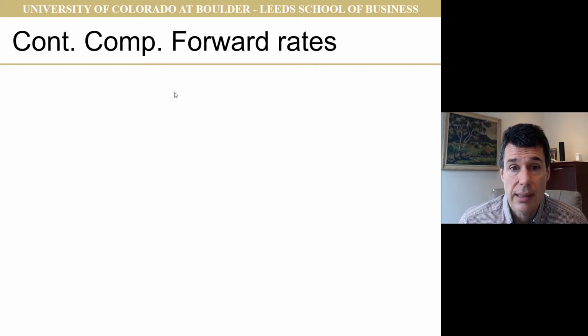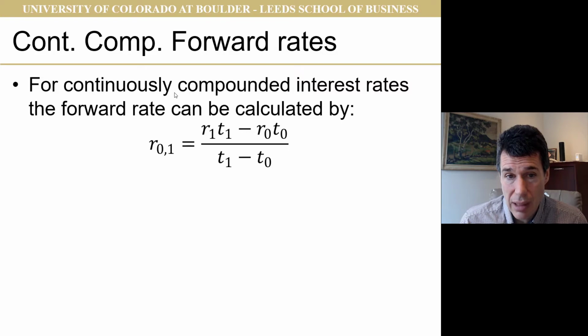Okay. For continuously compounded interest rates, the forward rate is really simple to calculate. And it can be calculated using this formula, R01 equals (R1T1 minus R0T0) over (T1 minus T0). So this is a really nice formula, and this formula just drops out of the discount factor formula and the discount factor for continuously compounded interest rate formula.